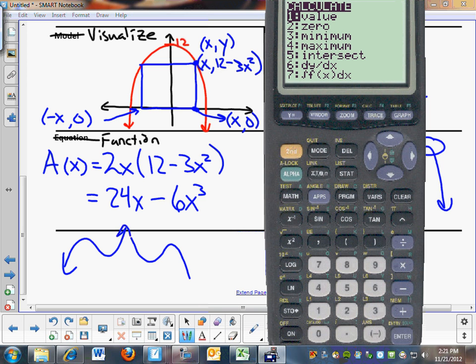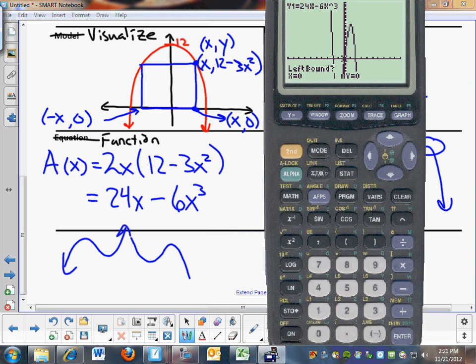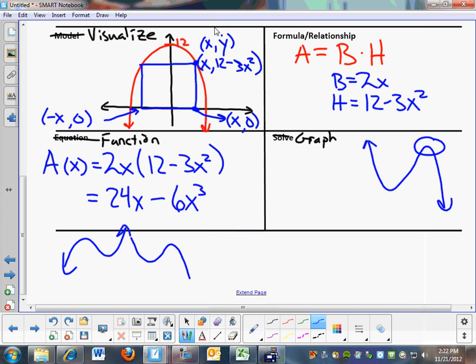Which one do I select? Maximum, number 4. I'm going to go to the maximum. It says left bound, so I have to go to the left of that maximum, and then I have to go to the right of that maximum. And there I go. I got x is 1.15 and y is 18.47.